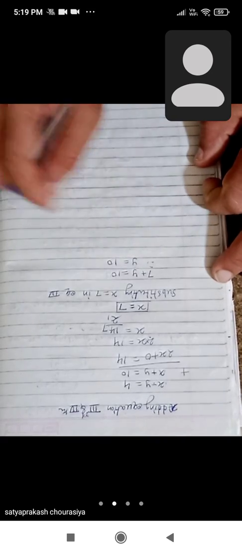Equation 4 is x plus y is equal to 10. So in place of x, you have to write 7. 7 plus y is equal to 10. Therefore y is equal to, now bring this 7 to the right hand side, so this will become minus 7. So y is equal to 10 minus 7, which is equal to 3.